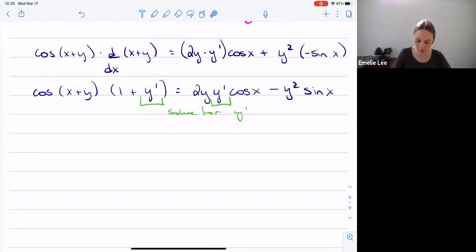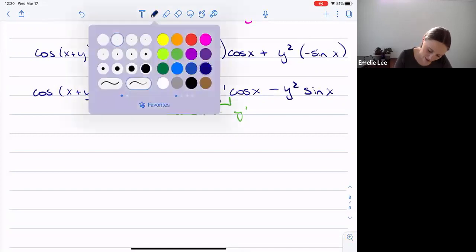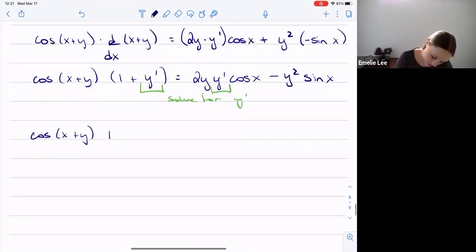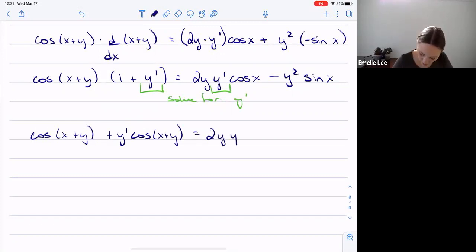But to shake out the y prime from inside these brackets, I think the easiest thing is just to expand the cos(x + y) inside. So what I get is cos(x + y) times 1, that's fine, plus y prime cos(x + y). And I'll keep it on the right-hand side for a little bit longer: equals 2y y prime cos x minus y squared sin x.